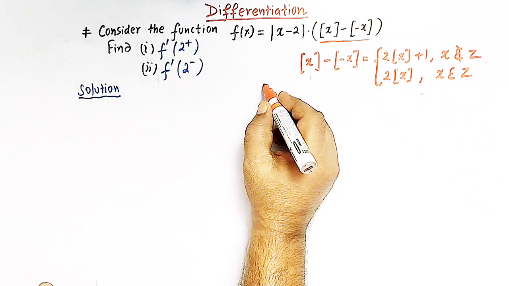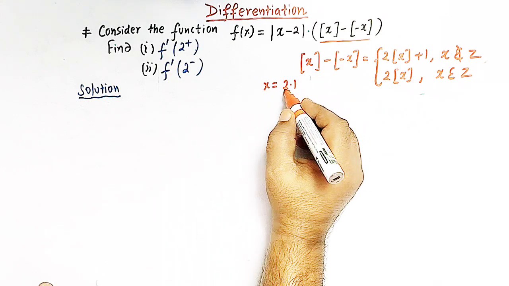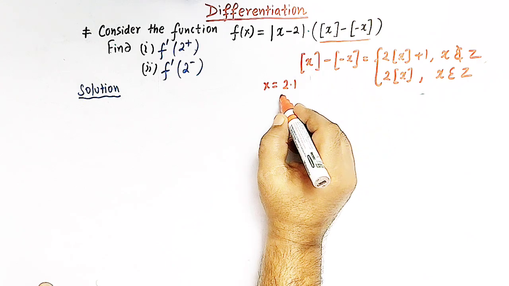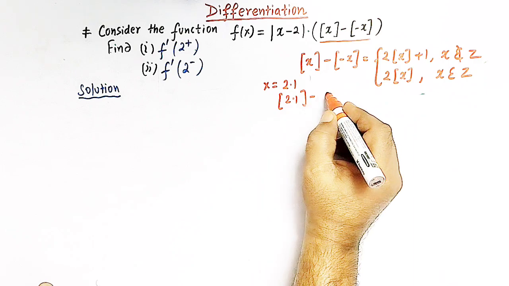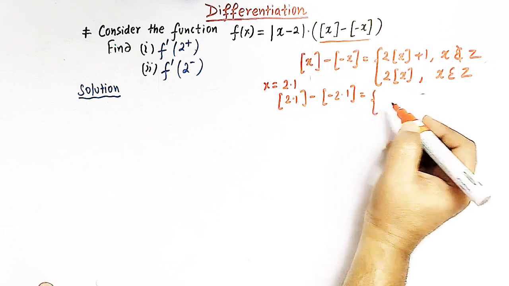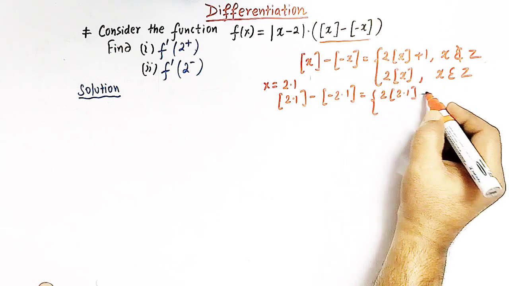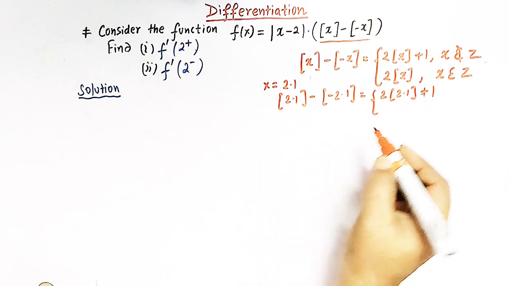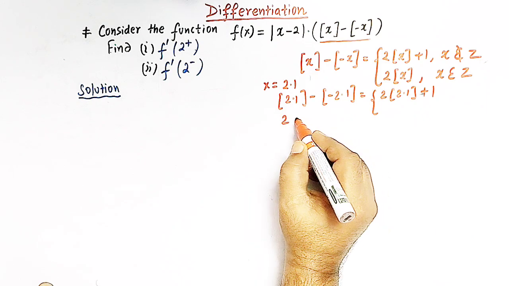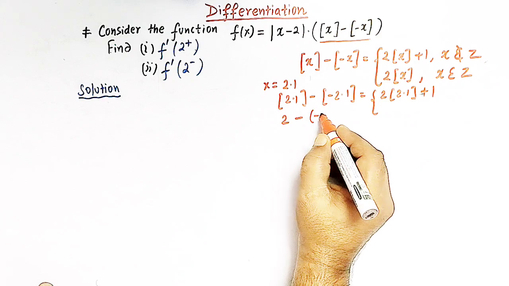So let us quickly take x equal to say 2.1, right? And here 2.1 is not an integer. So the greatest integer of 2.1 minus the greatest integer of minus 2.1 is equal to 2 times the greatest integer of 2.1 plus 1, right? The greatest integer of 2.1 is simply 2, and the greatest integer of minus 2.1 is minus 3.